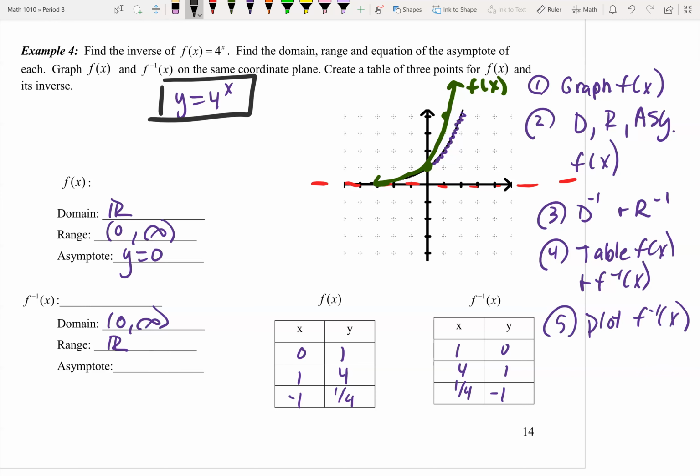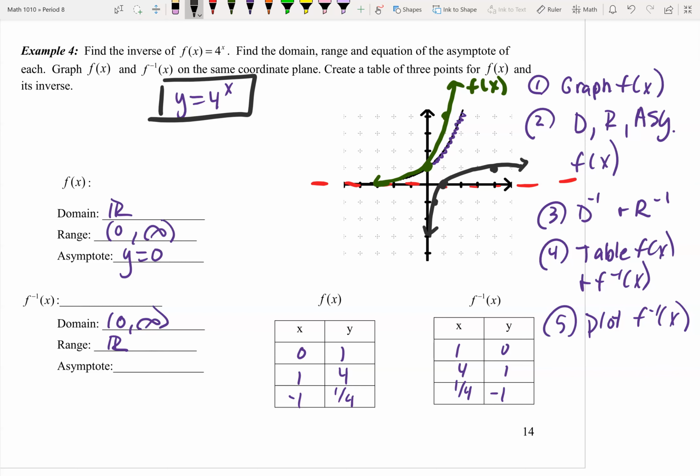So the inverse is going to be a log. Let's plot it. 1, 0 is here. 4, 1, right 4 up 1. 1/4, negative 1, right 4 down 1. Okay. Now you look at it and you're like, oh, that's a log. I know that. It's going to curve like that.